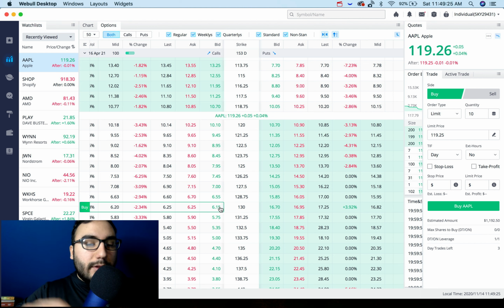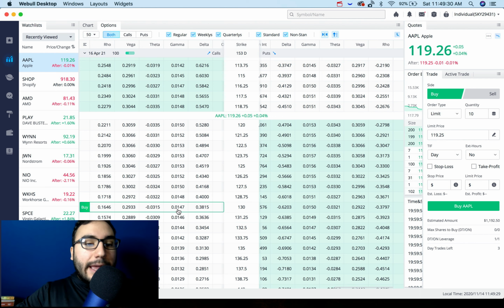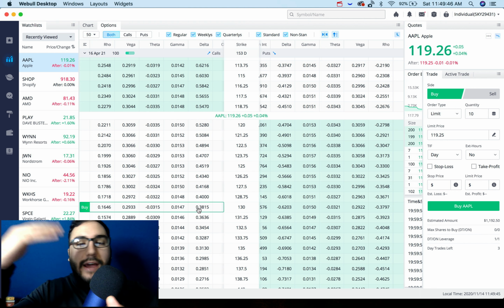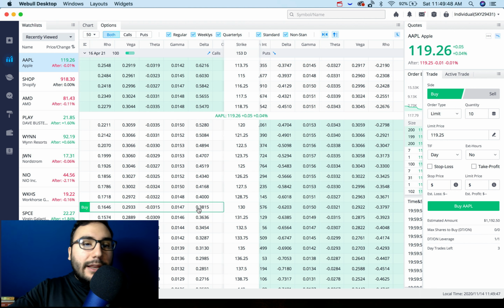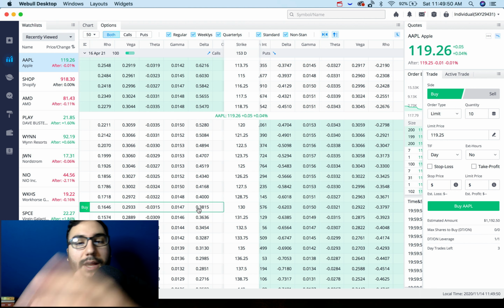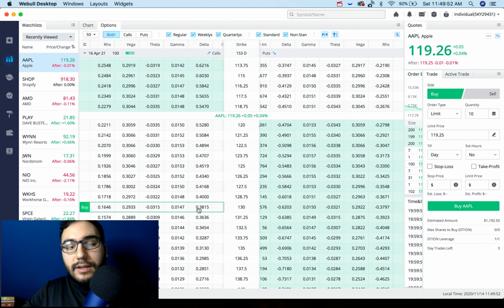Then for every other dollar that goes up, we add the gamma to the delta and then add both of those to the premium, because gamma measures delta's rate of change for every dollar move of the stock. For every dollar move after that, you just keep adding the gamma to the delta, and the delta back to the premium.